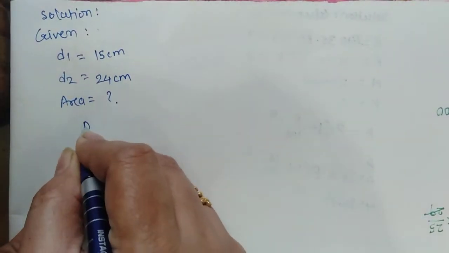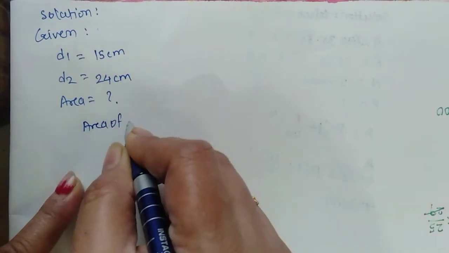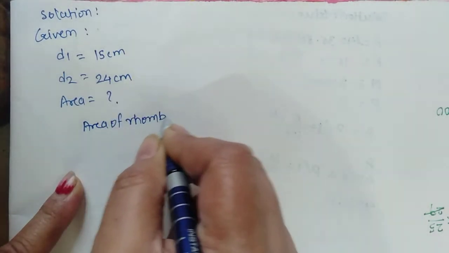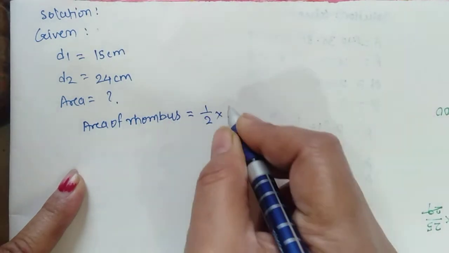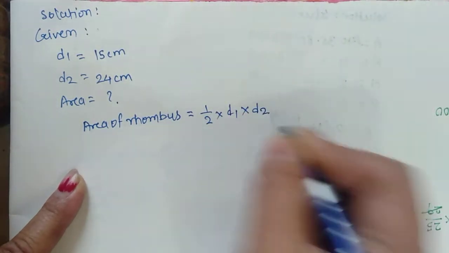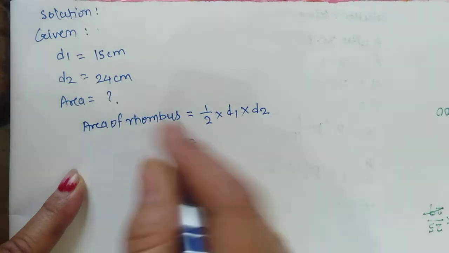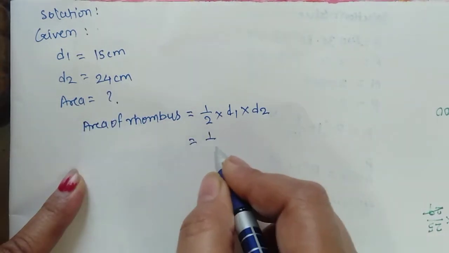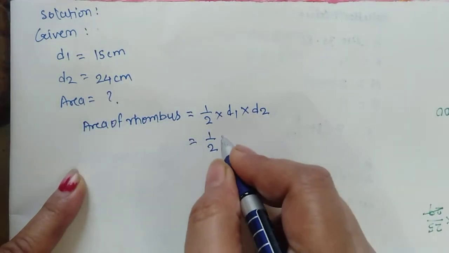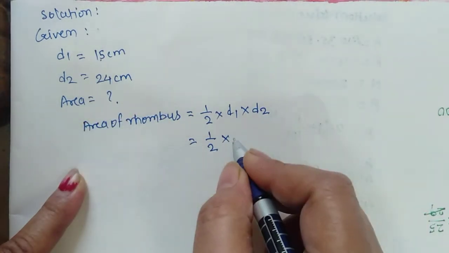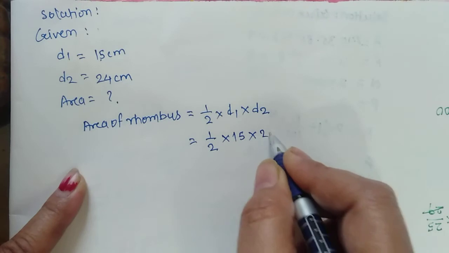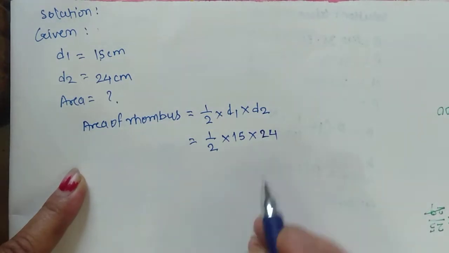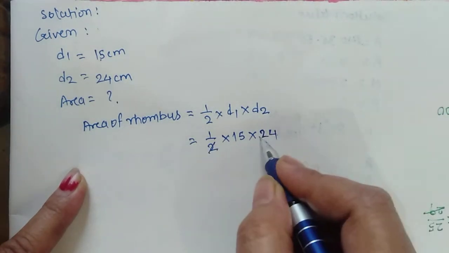So write down the formula. Area of rhombus is equal to half into D1 multiplied by D2. So put in the values. 1 by 2 as it is, multiplied by D1 which is 15, multiplied by D2 which is 24. Very simple. So 24 is an even number, so divide by 2.